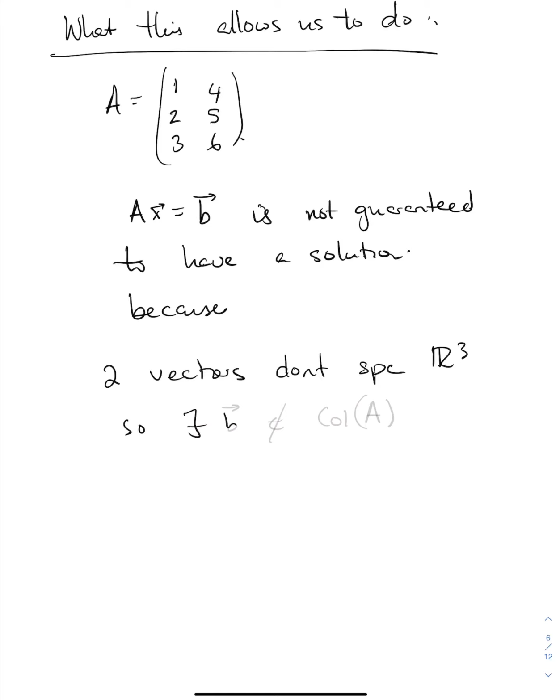So there exists a B that's not in the column space of A. And so if you pick such a B, then this equation will not have a solution.